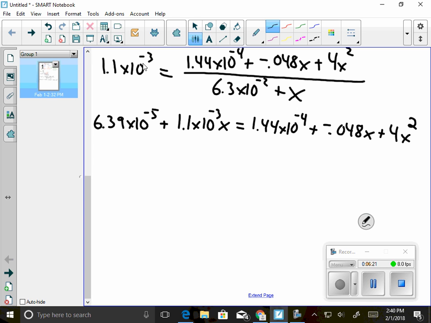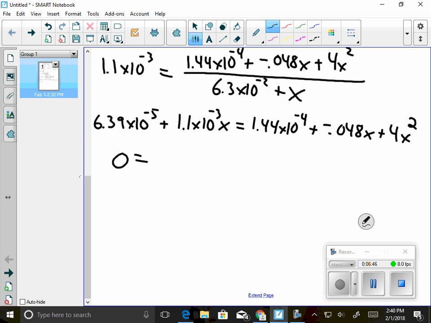Okay. If we have an equation with both x and x squared, what you need to do is to get everything equal to 0. So get everything on one side of the equation. I prefer to keep whatever has my x squared value as a positive value. So I'm going to add everything from the left side to the right side.